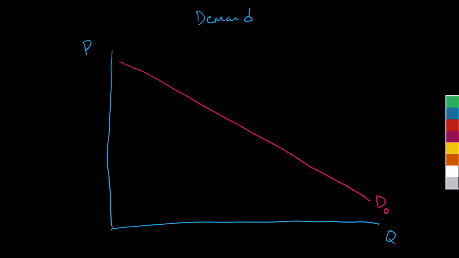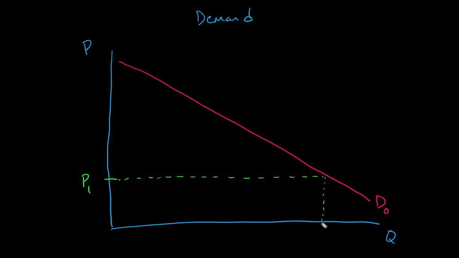If we were to look at, say, let's see, how did we price increases? So let's say that we started off with this price here, price 1, right? The way we would find the quantity demanded for that is to follow that over to our curve. Where it hits the curve, drop down, and that's going to give us our quantity demanded. Now let's look at what happens when we increase the price.